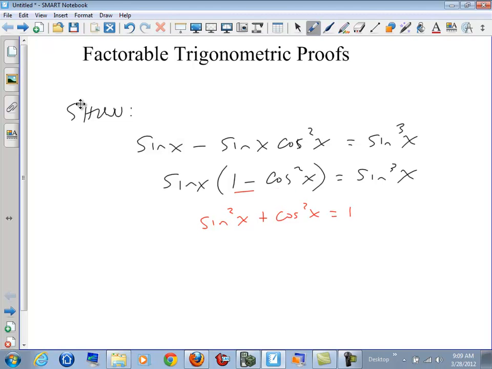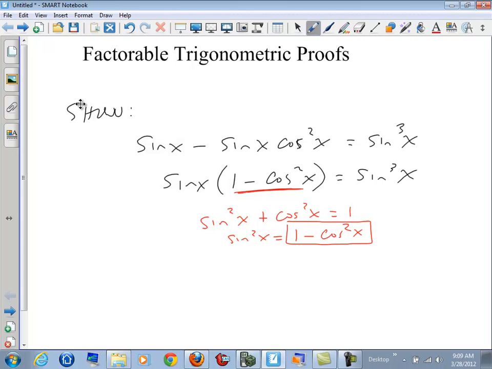And if we look in the parentheses here, 1 minus cosine squared, I can rearrange the sine squared plus cosine squared equals 1 into sine squared of x equals 1 minus cosine squared of x if I subtract cosine squared from both sides, which now gives me exactly what's in the parentheses.